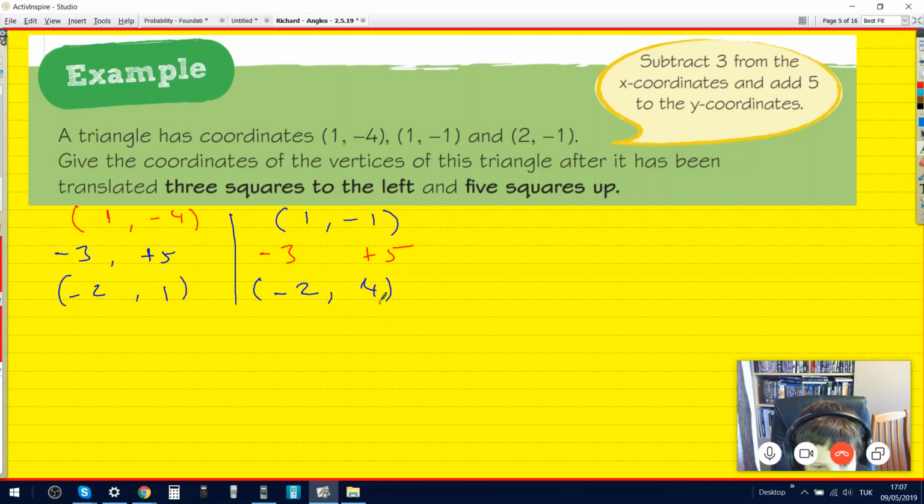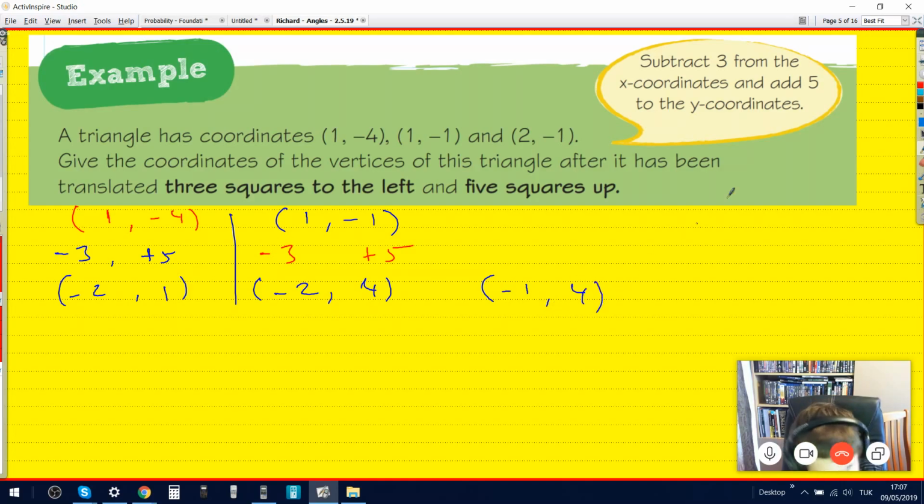Yeah. And for the last one, it would be 2 take away 3, which would be -1. And it would be -1 plus 5, which equals 4.